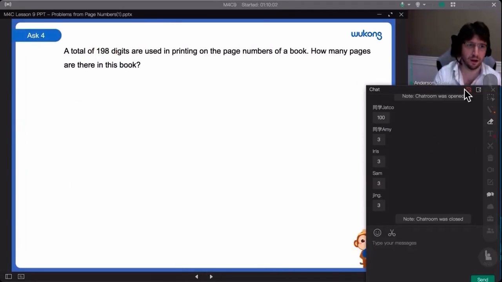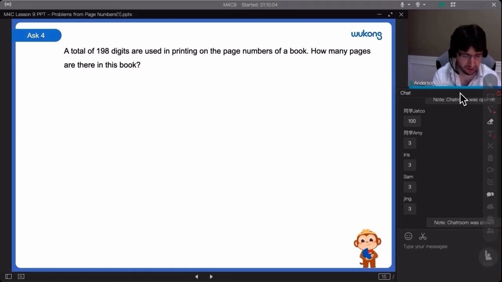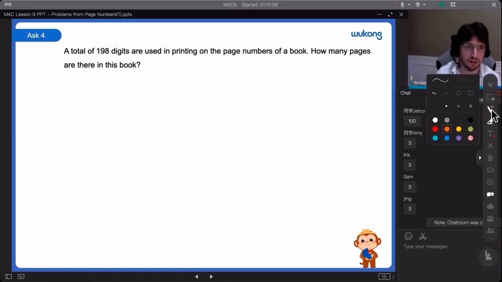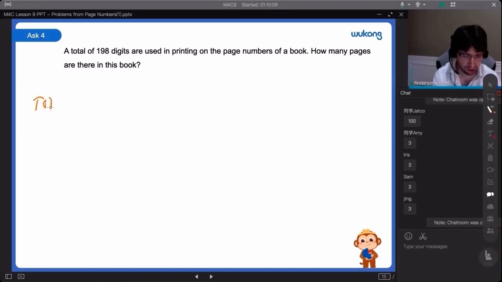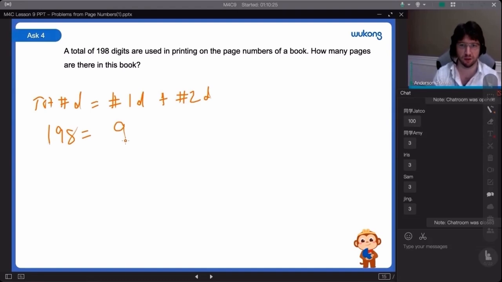All right, so just like before, I'm going to abbreviate some of this. The total number of digits equals the number of digits from the 1-digit pages plus the number from the 2-digit pages. There are 198 digits. 9 digits come from the 1-digit numbers, and we just saw there are 180 coming from the 2-digit numbers.